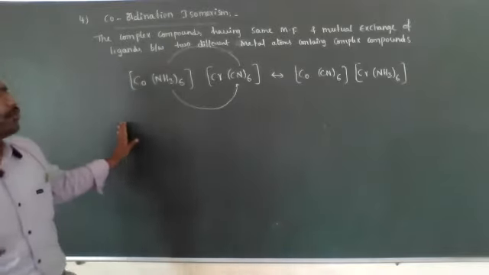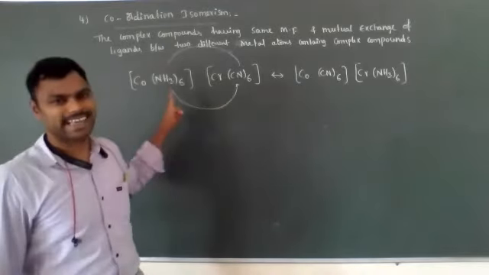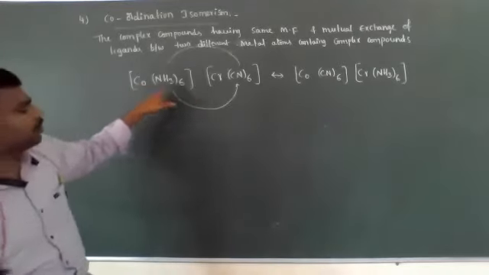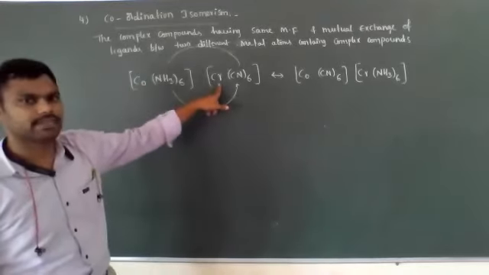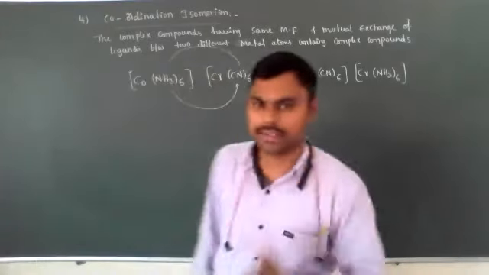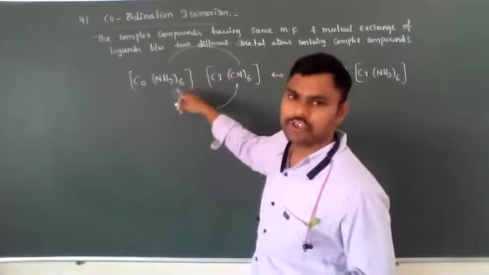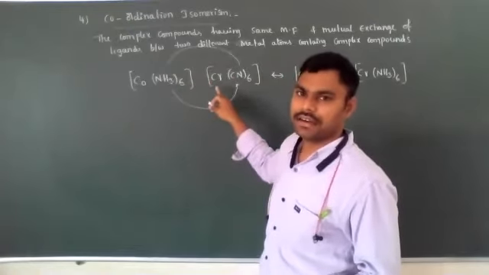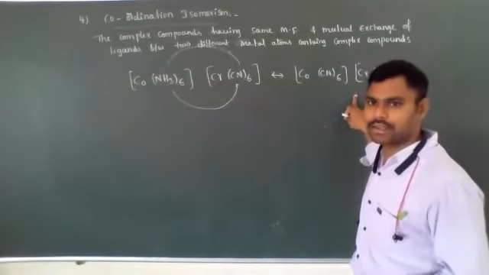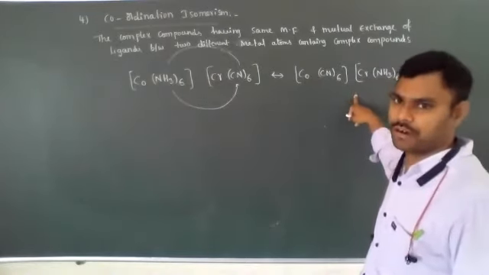The resultant compounds have the same molecular formula. This is one complex compound, where the central metal atom is cobalt, and here the central metal atom is chromium. So two complex compounds with different central metal atoms, in which mutual exchange of ligands takes place, give another complex compound formula.